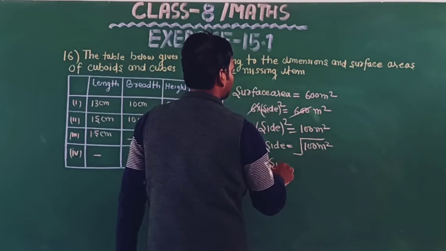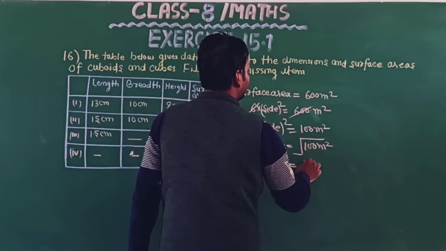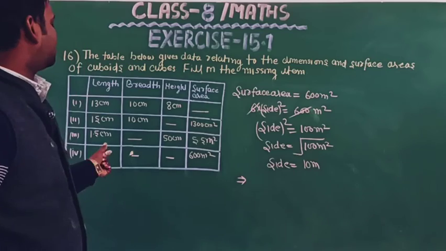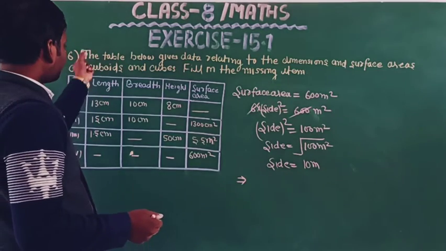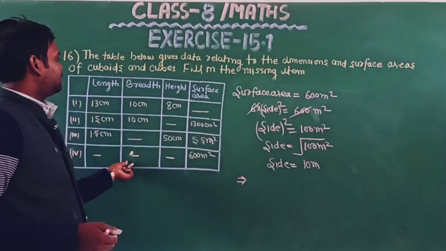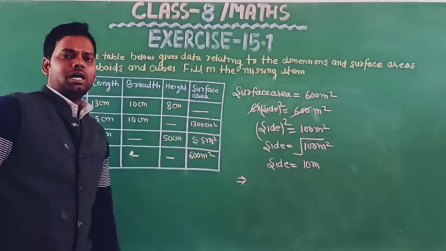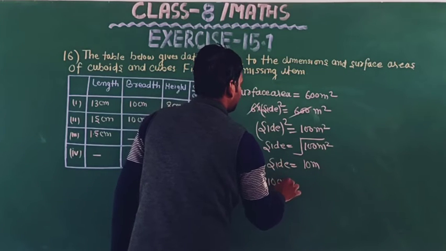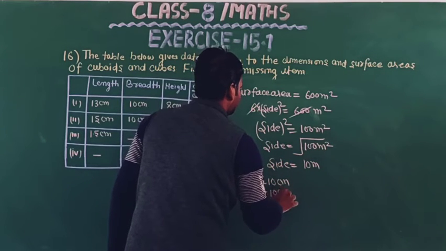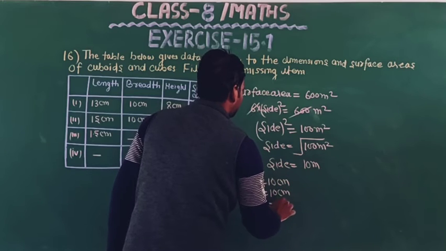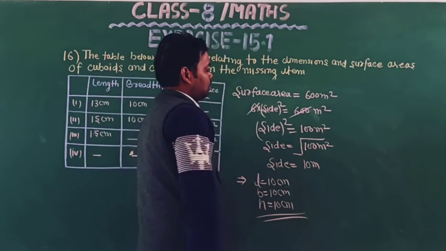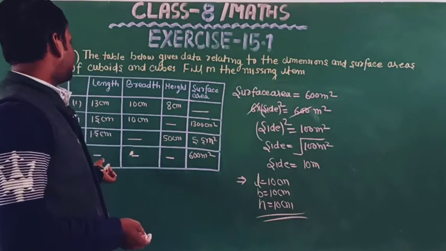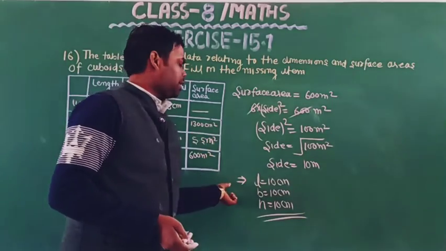The value of the side equals 10 meter. So this implies length, breadth and height are the same. So length is 10, breadth is 10, and height is also 10. So this is the solution of question number 16 of exercise 15.1.